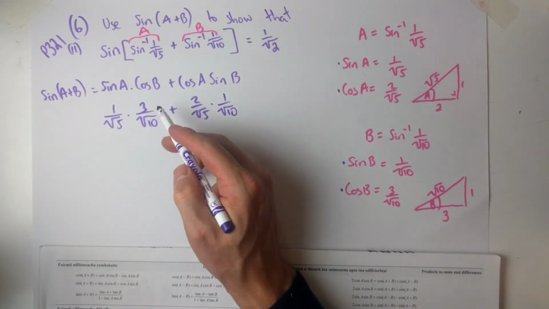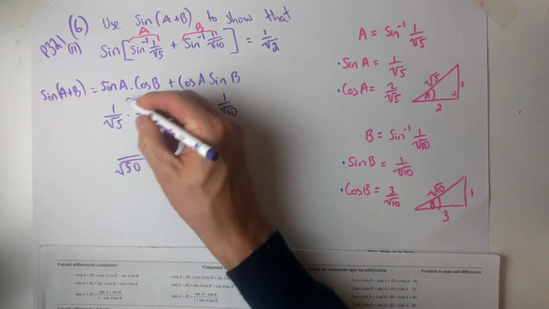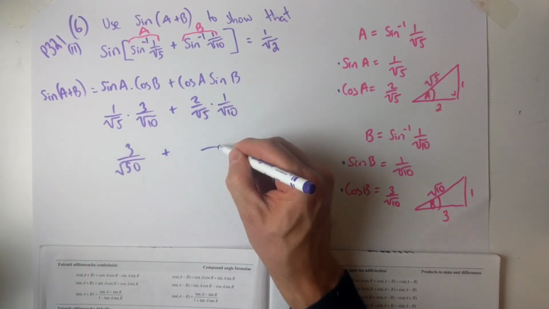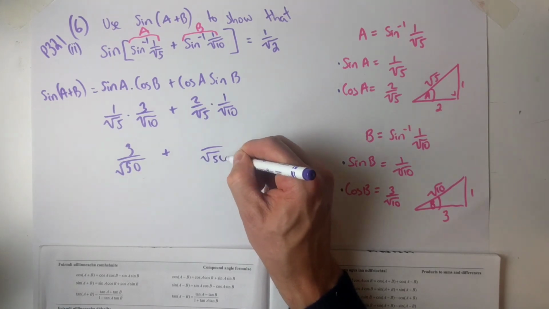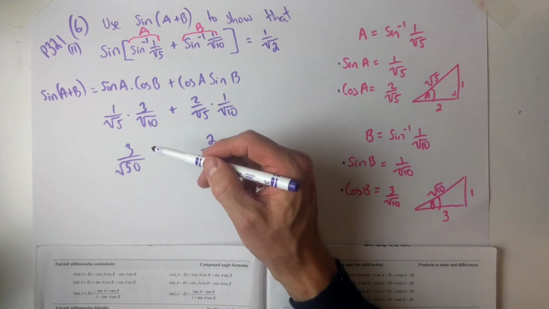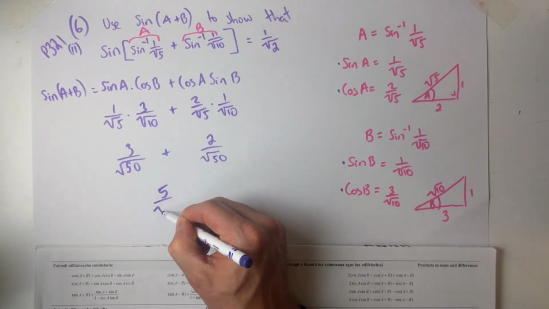The square root of 5 times the square root of 10 is the square root of 50, and 1 by 3 is 3. Square root of 5 and square root of 10 again is the square root of 50, and 1 by 2 is 2. So you get 3 over the square root of 50 plus 2 over the square root of 50, which is 5 over the square root of 50.